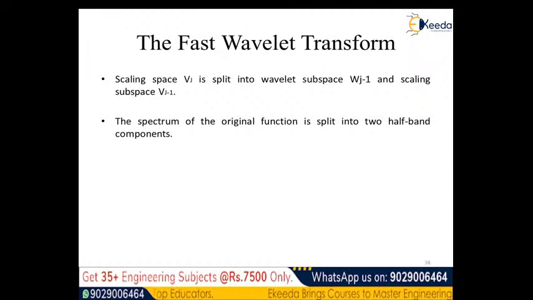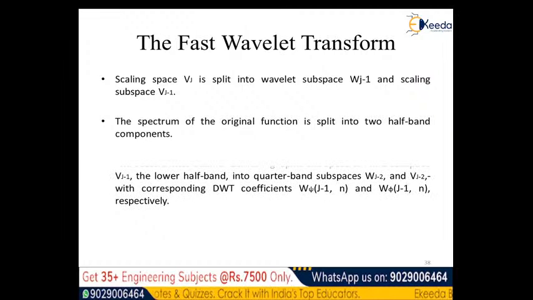The second filter bank, like the earlier figure, splits the spectrum and the subspace v suffix j minus 1, the lower half band, into the quarter band subspaces denoted w suffix j minus 2 and v suffix j minus 2, corresponding to the discrete wavelet transform coefficients denoted w suffix psi of j minus 1 comma n, and for the scaling the corresponding notation w suffix phi of j minus 1 comma n, in the respective manner here.